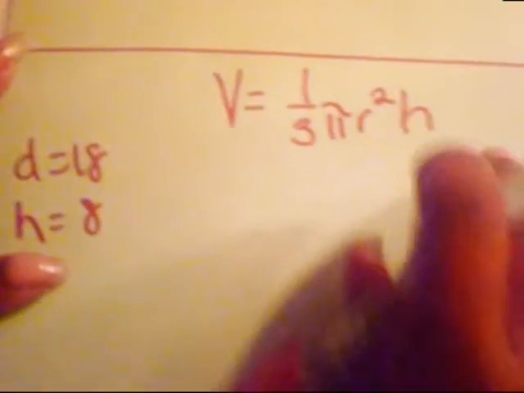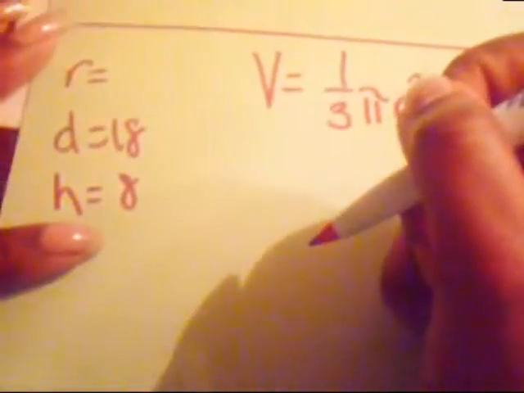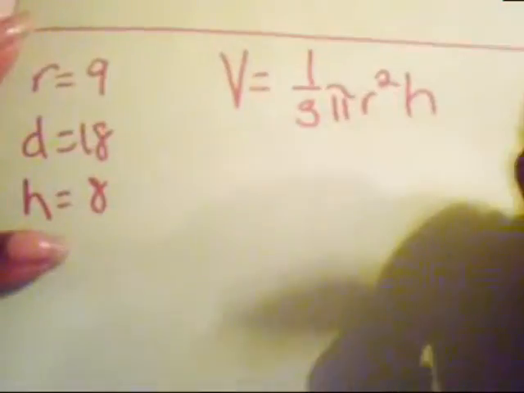Let's plug in what we know. It says it has a diameter of 18 inches, so I know that D equals 18, and it has a height of 8 inches. When I look in the formula, do you see a D? I don't. So that means we need to find the radius. If the diameter is 18 and the radius is half of that, what's half of 18? It's 9.